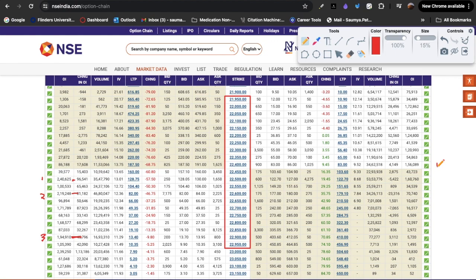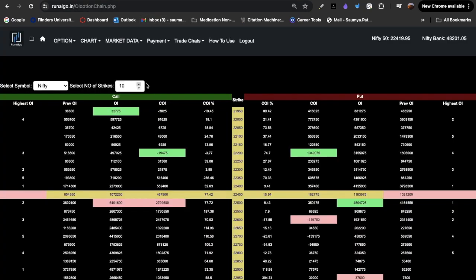Second is 22,600, approximately 2.2 lakhs. And third highest is 22,900, which is 1.9 lakhs. We'll do the same for put side, which is 22,400, then 22,000, and third one is 22,200.